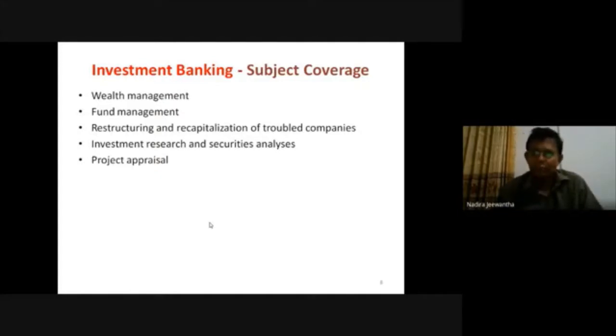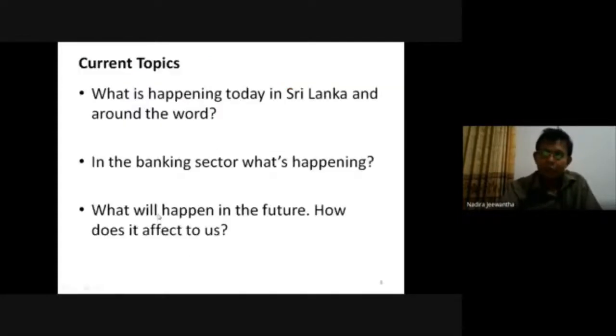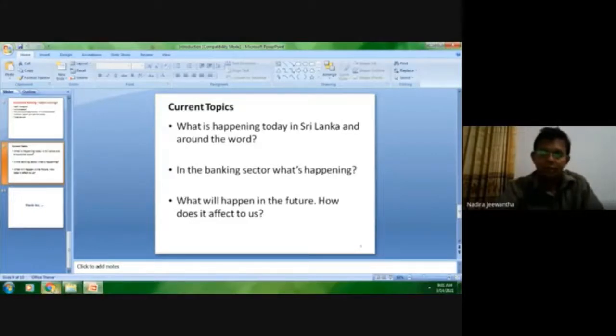That is investment research. Project appraisal we have also discussed, and that is more relevant to the pricing of treasury bonds. Basically, project appraisal and bond pricing are different. In project appraisal you have a year zero outflow, but in bond pricing we don't have that.